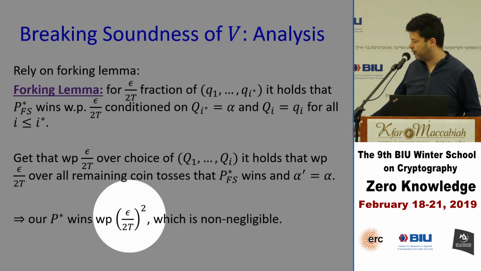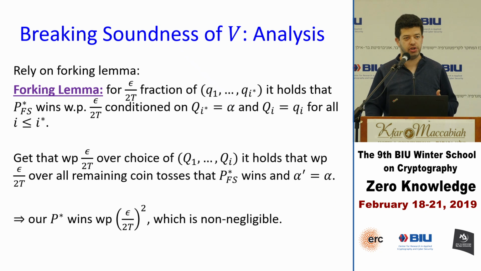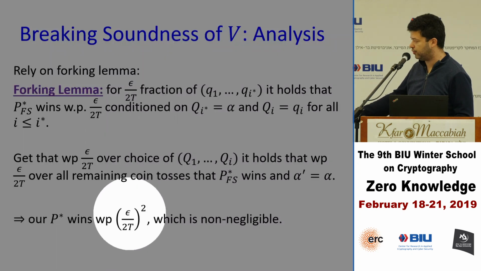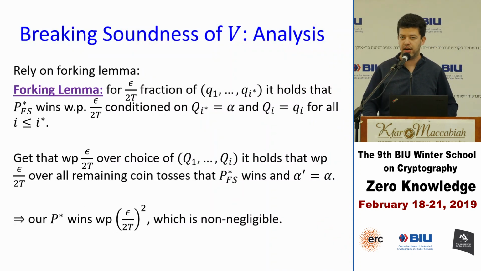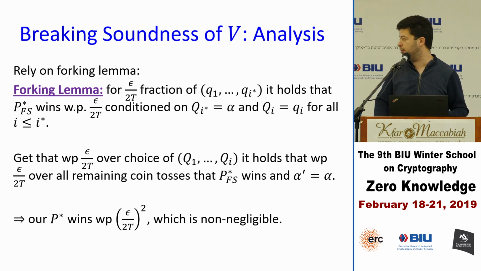So overall, we have inverse polynomial probability of success, which is non-negligible and therefore a contradiction. And you also see here, with this epsilon over t, is where we really need negligible probability. We couldn't have lived if we only had a constant soundness.